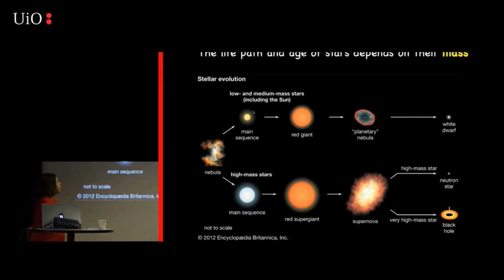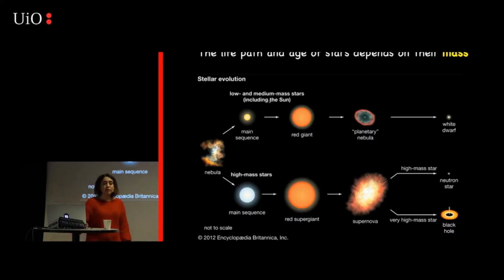The upper one shows the evolutionary path for low and intermediate mass stars, including our Sun. And the lower one shows the evolutionary path for high mass stars. As you can see here, for low to intermediate mass stars, I mean from 0.8 solar mass up to 8 solar mass.